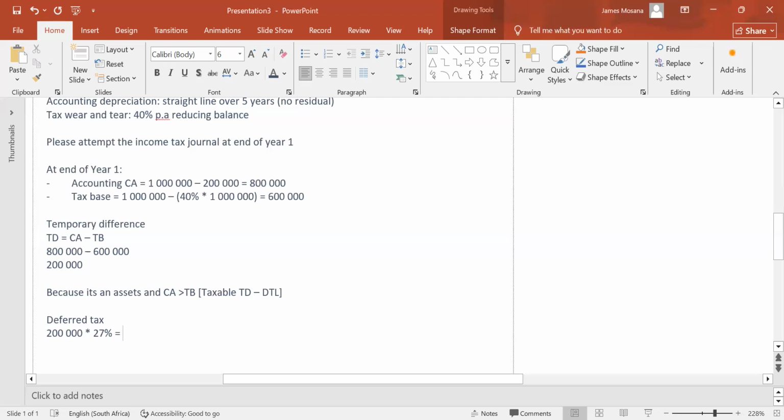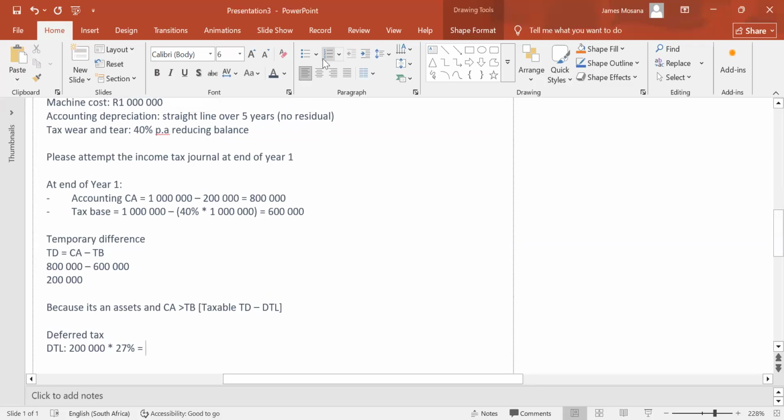Please calculate that amount in the chat box. All I know is that we are dealing with a deferred tax liability. So please calculate that. In the chat box, we get 54,000.